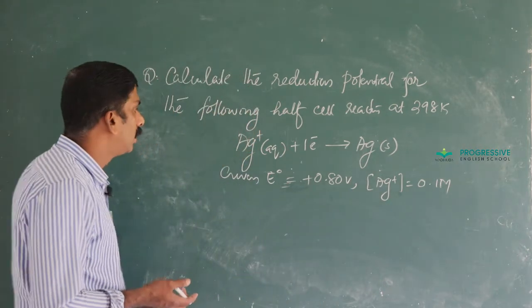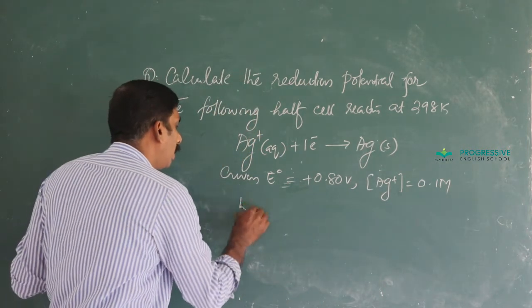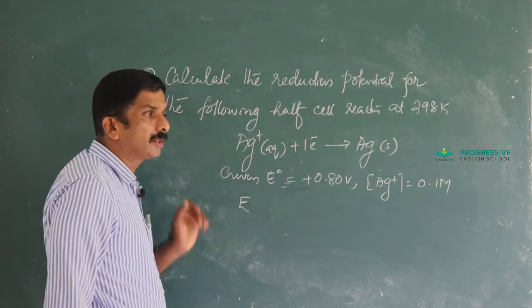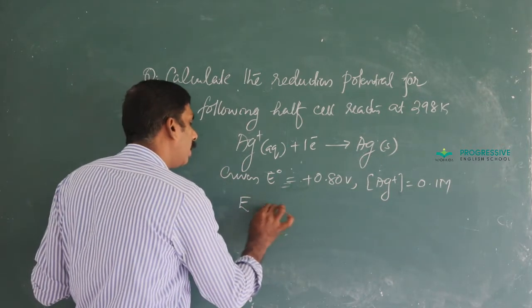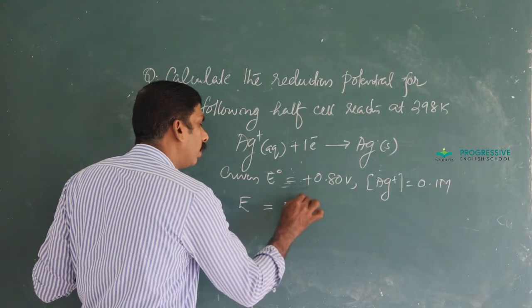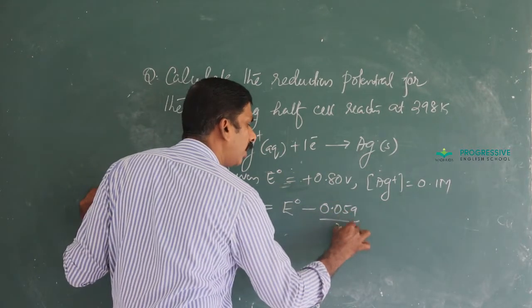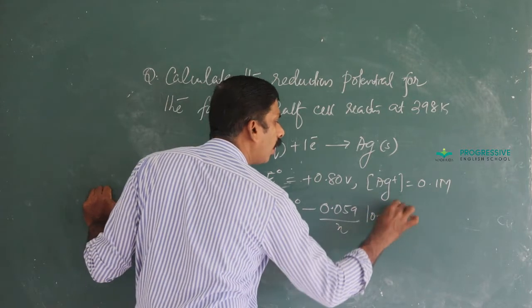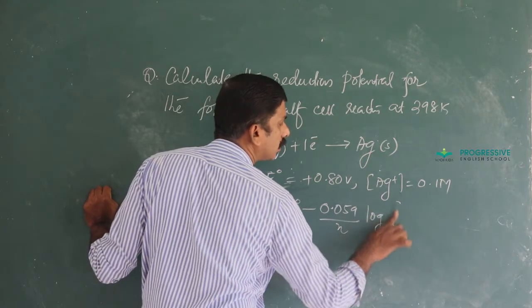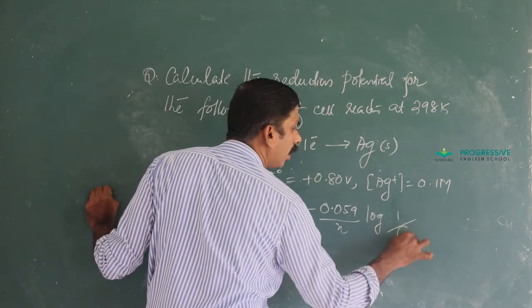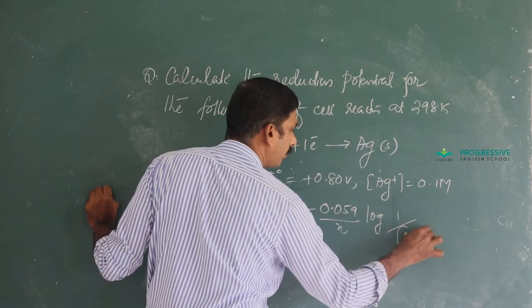You know that according to the Nernst equation, in the case of a single electrode, E electrode equals E0 minus 0.059 divided by n, log 1 divided by the molar concentration of Ag+.